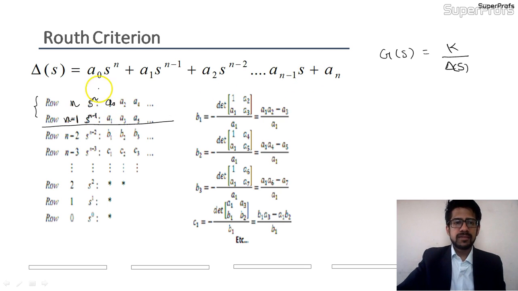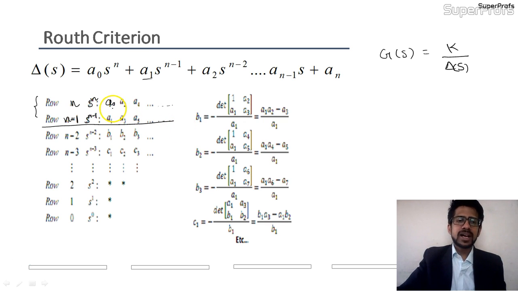So we have a naught initially, then we will write a2, and then a4 and so on. Now we'll come back to the row of n minus 1. We'll write the coefficient of s raised to n minus 1, which is a1, going alternate again: a1, a3, a5, and we'll go till this list is exhausted.